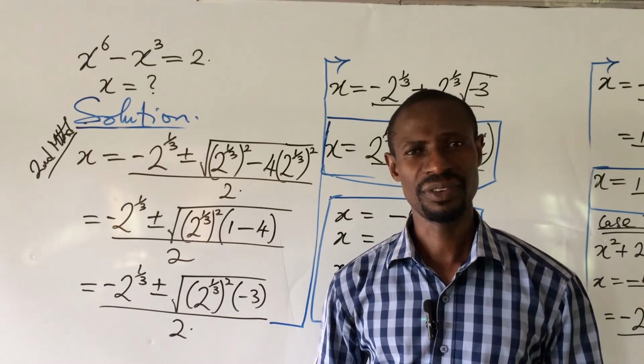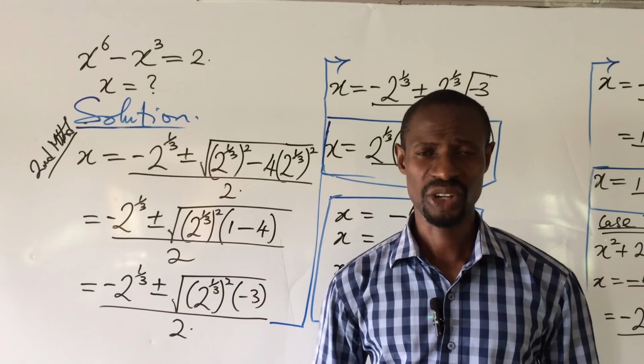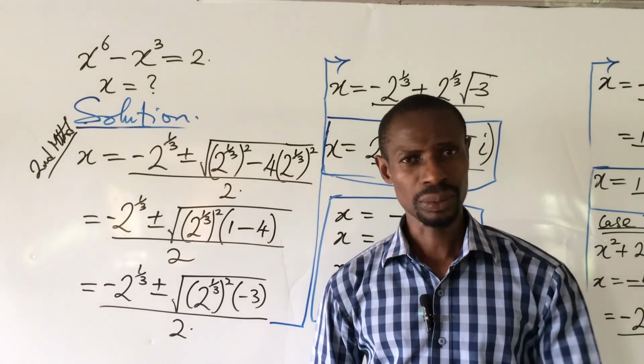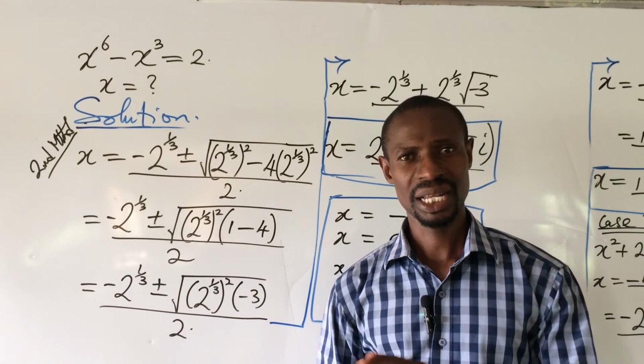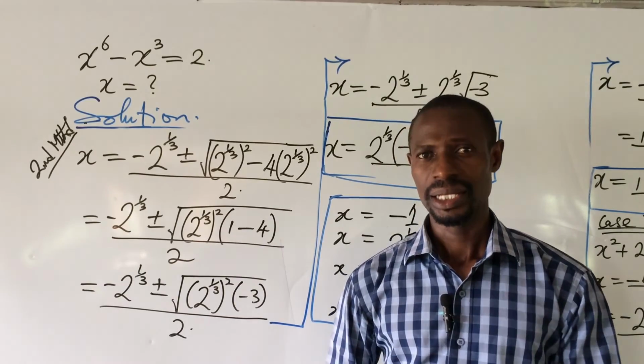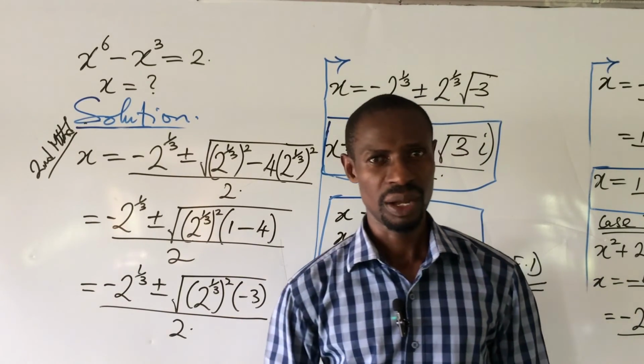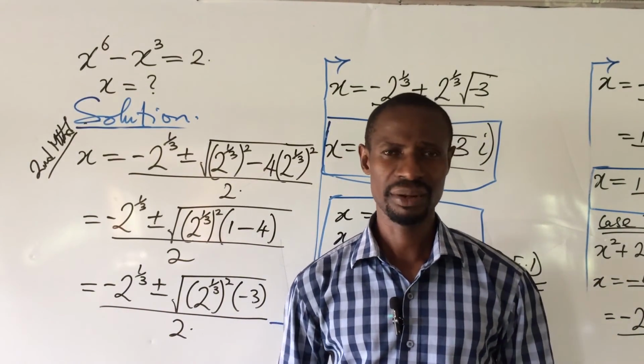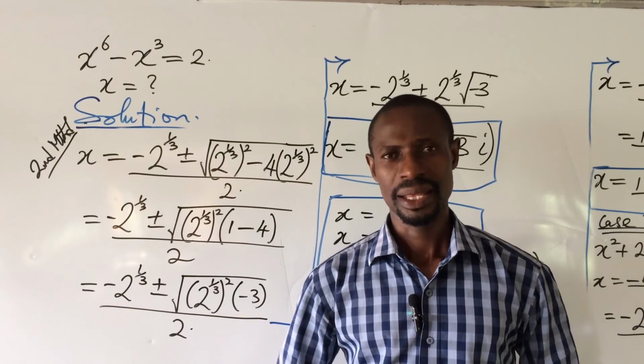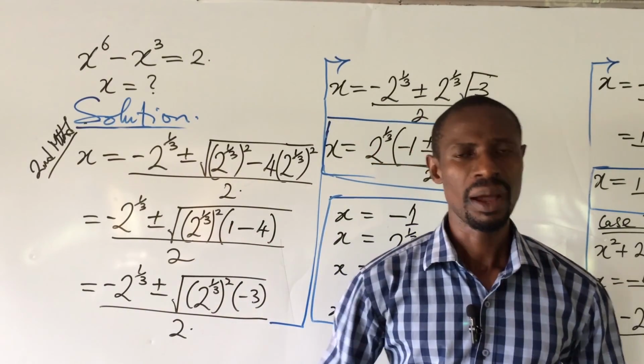If it is in case of an objective exam or a competition exam where among the options none of the imaginary roots are there, they go ahead to use the first method. But if you see some imaginary roots among the options there, then definitely you use the second method.